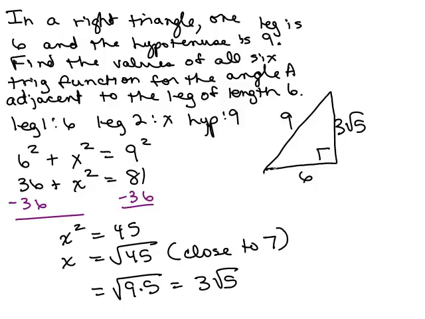Okay? And what it says is my angle A is adjacent to the leg of length 6. So we must have A right here next to the leg of 6. So now I know what that picture looks like. I can find out all my 6 trig functions.